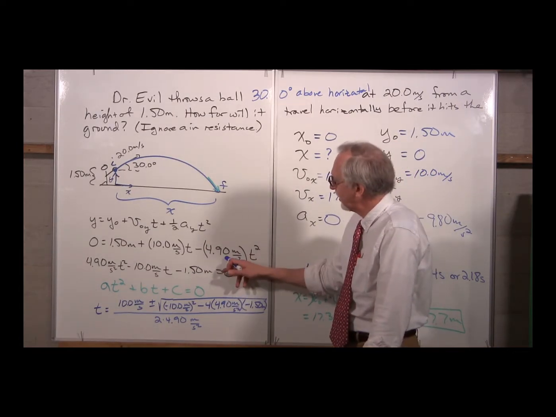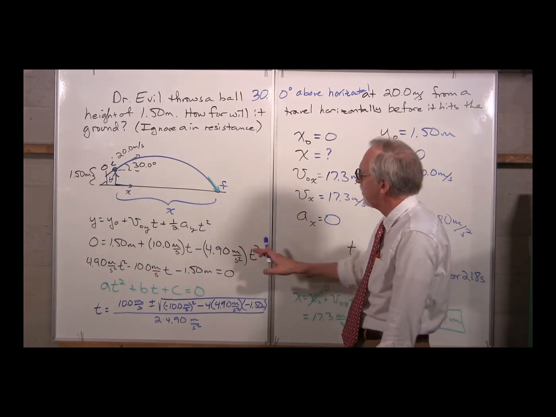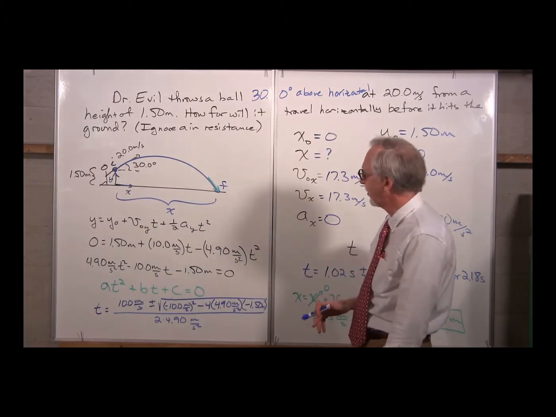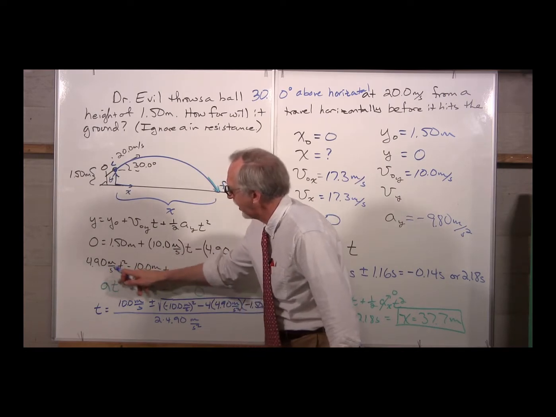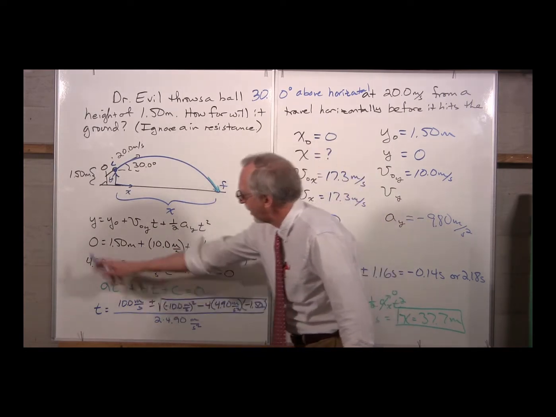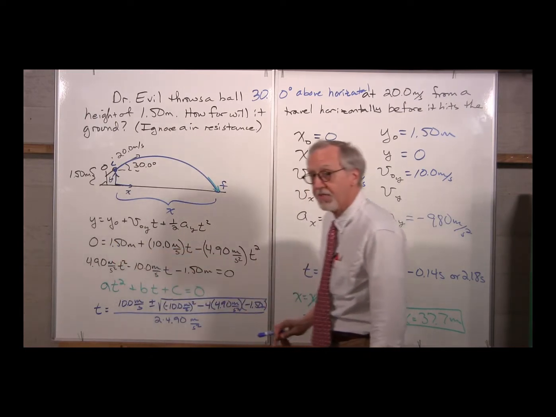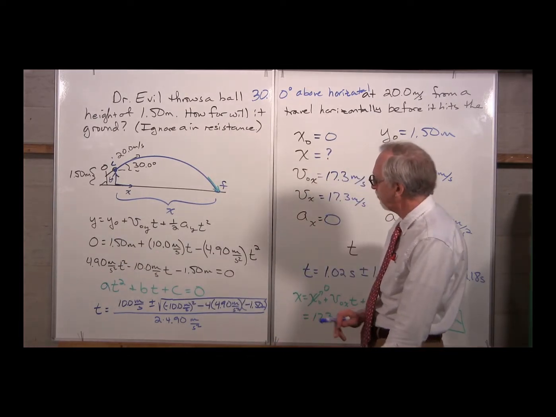So what I typically like to do, since I've got a negative 4.9 t squared here, is bring that over to the other side. So bringing everything over to the other side, negative 4.9 becomes positive 4.9 meters per second squared t squared. Positive 10 becomes negative 10 times t, and a positive 1.5 becomes negative 1.5 once we bring it to the other side.